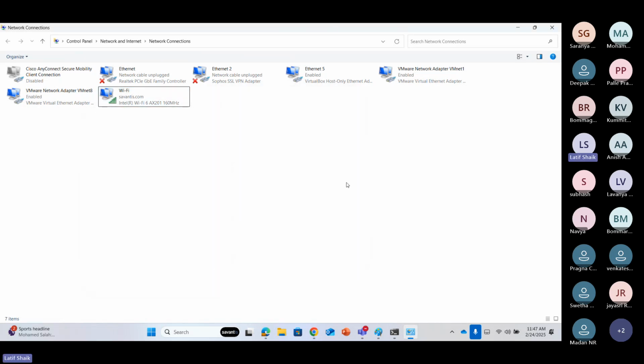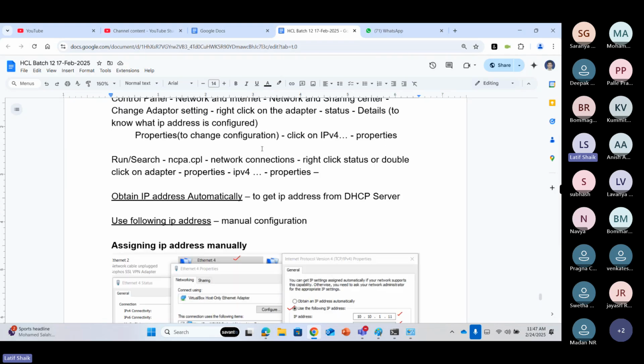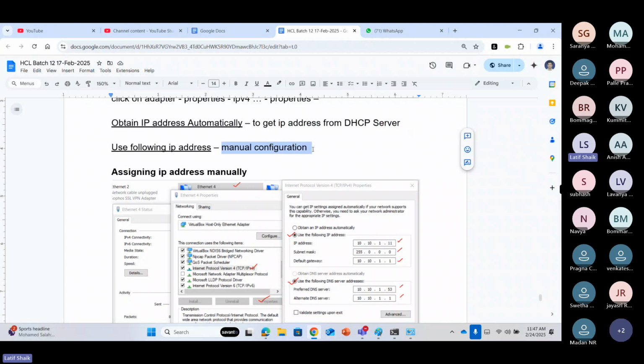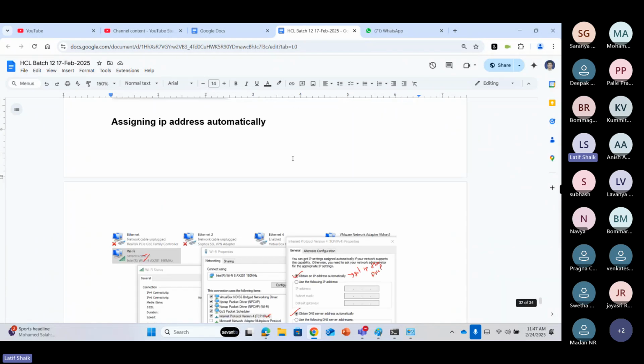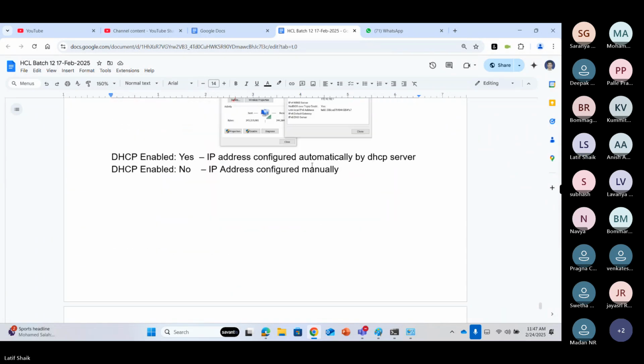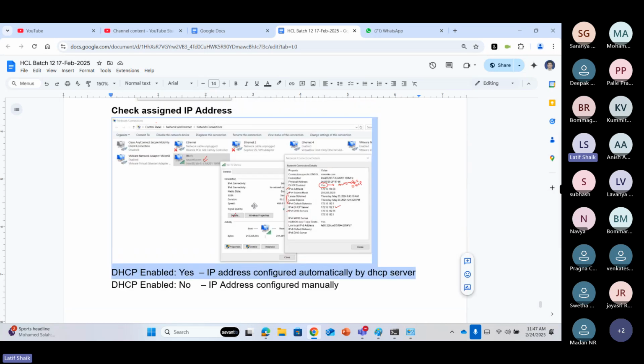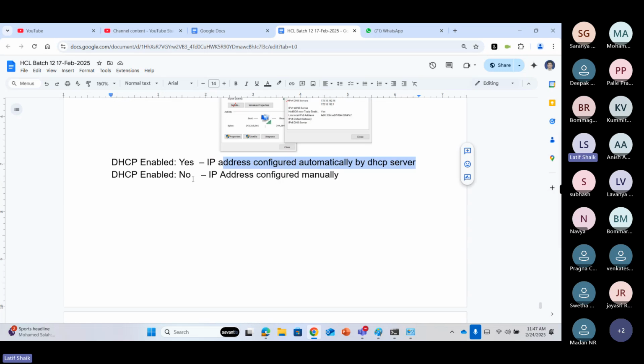So this is how to configure. Obtain an IP address automatically means get an IP address from DHCP. Use the following means manual configuration. When you are checking the IP address, DHCP enabled: Yes means IP address is configured by DHCP server. No means IP address configured manually.